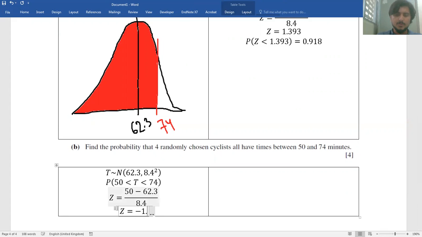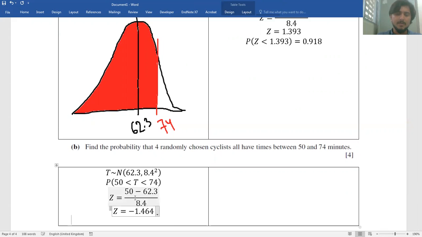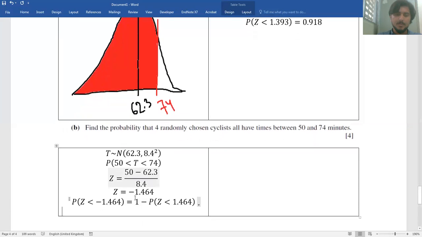Now we know that the table data is limited and it will not give us the probability of Z less than minus 1.464. We find the reflection and then we read its probability: 1 minus the probability of Z less than 1.464. This is how we read it from MF19.